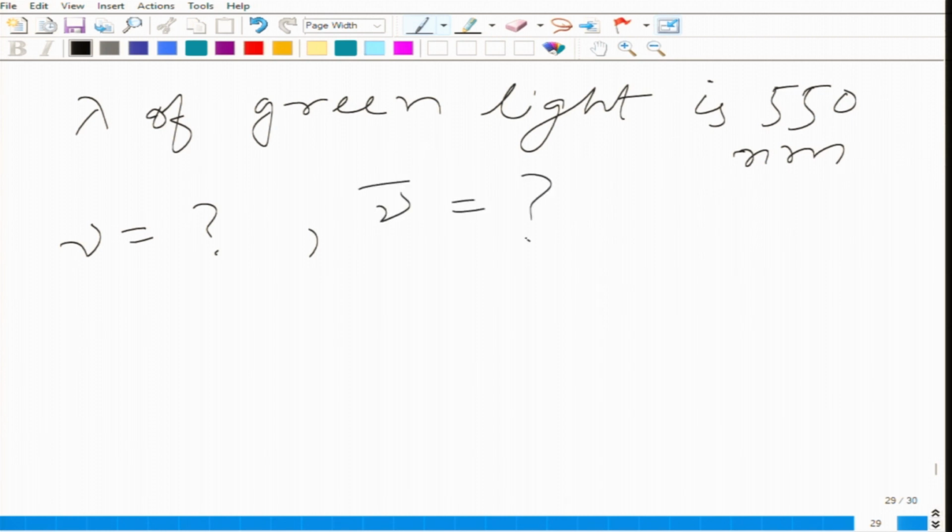We will discuss this numerical and some details about the electromagnetic spectrum in the next class. So we have studied about the electromagnetic radiations. Next we will study about the spectrum and the particle nature of light in the next class.